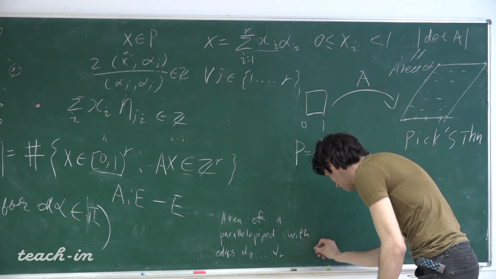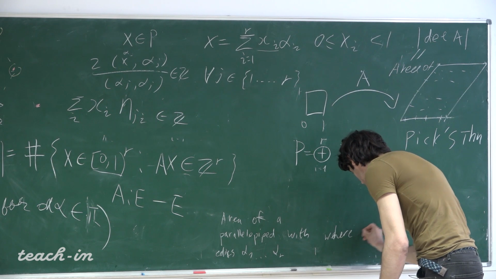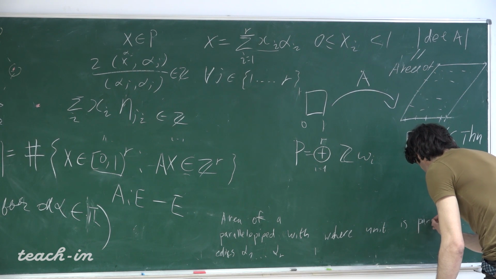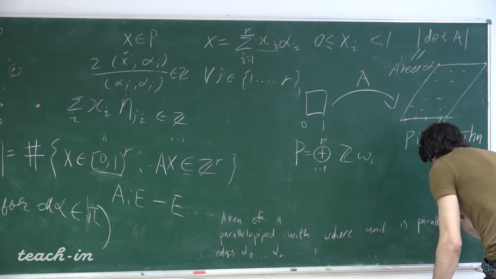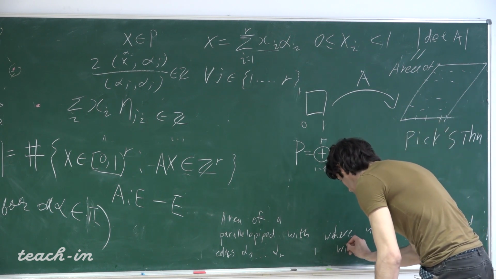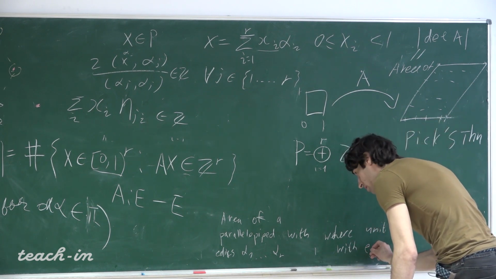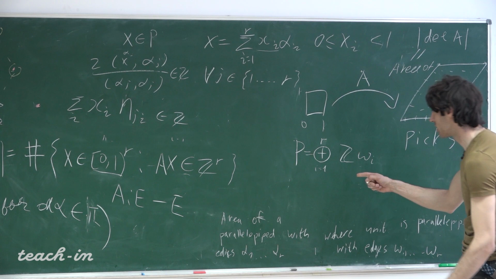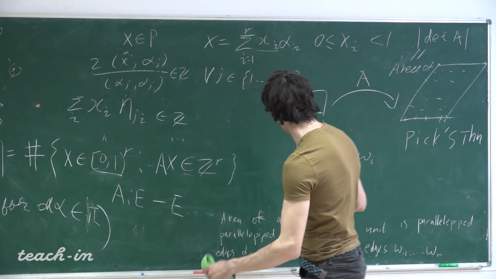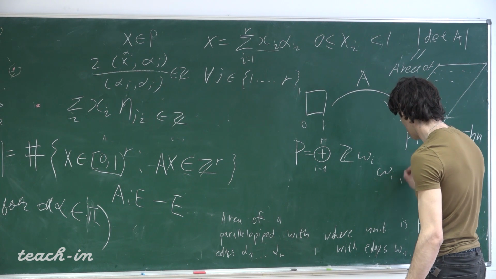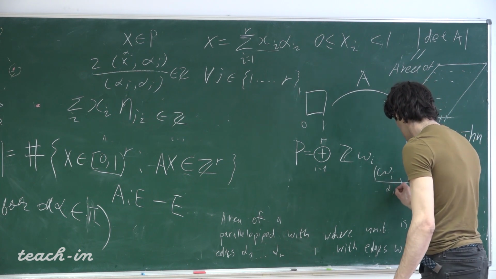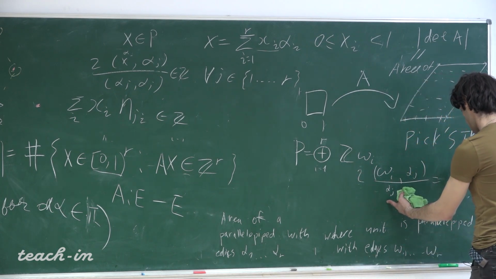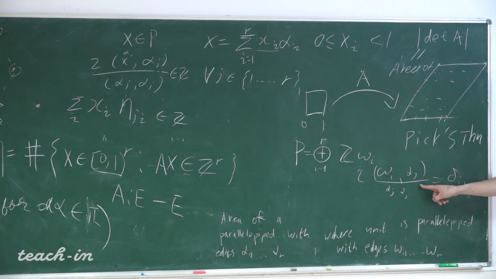So where the unit of area is the parallelepiped with edges omega 1, omega r, where omegas are those such that omega i, alpha j over alpha j is delta ij. So this is the definition of omegas.